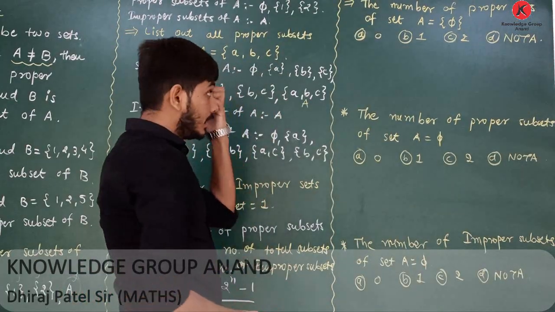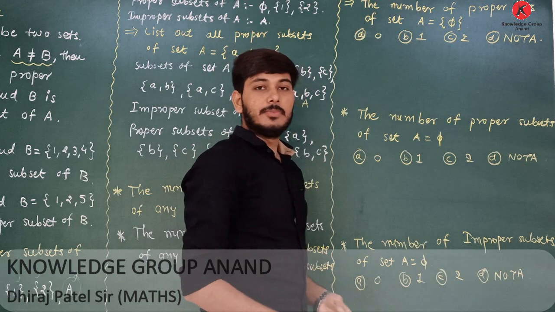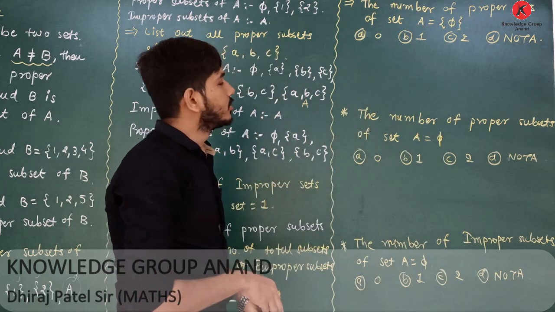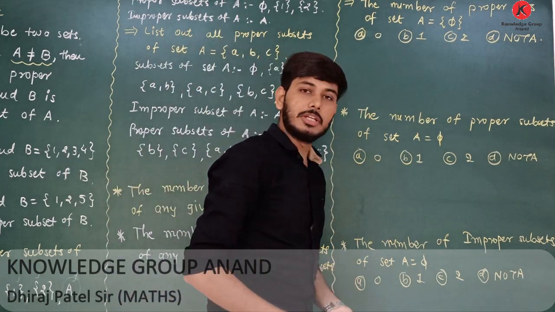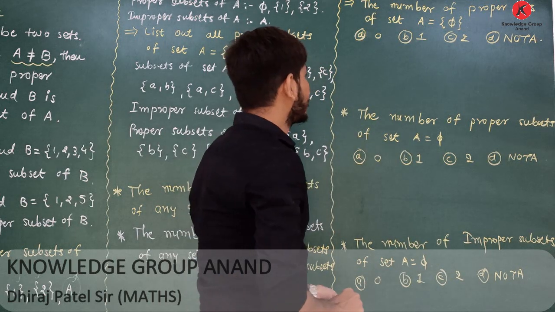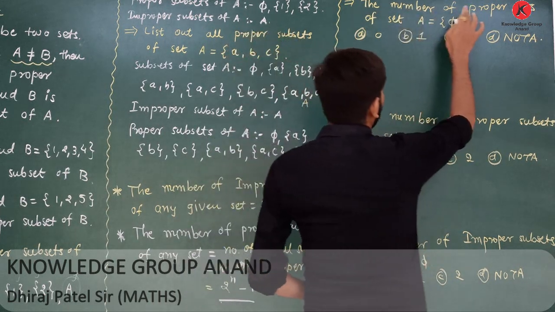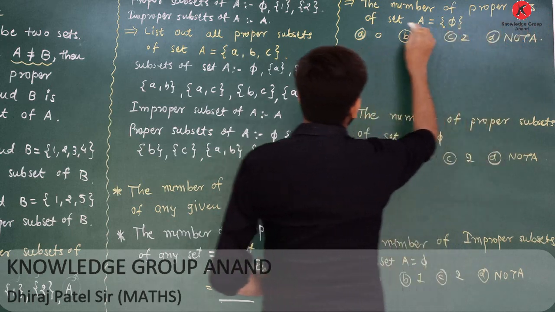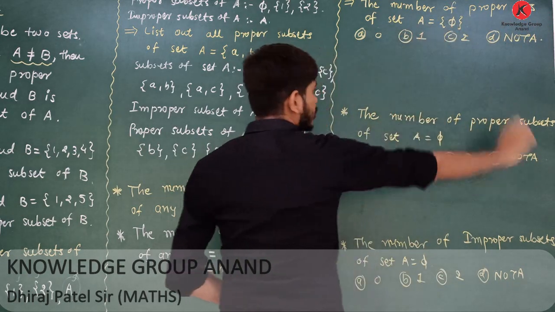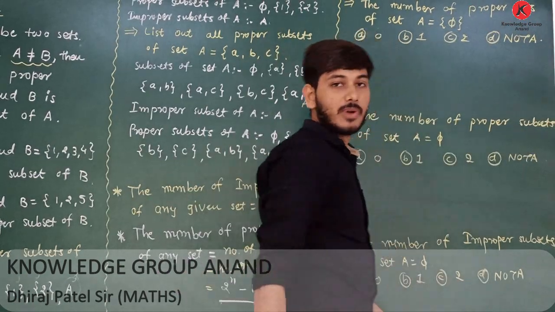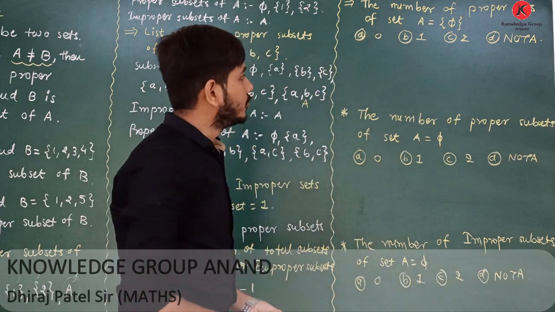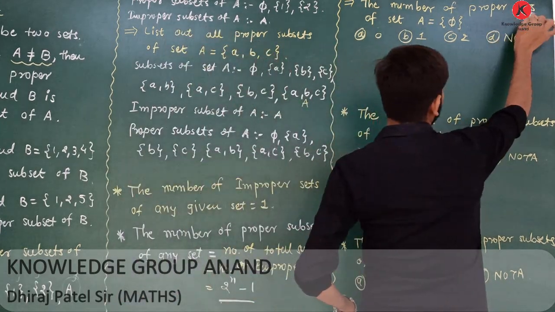Now we are going with 3 MCQs related to proper subsets and improper subsets. The first MCQ: the number of proper subsets of set A equals curly bracket 5. So we have to find the number of proper subsets.